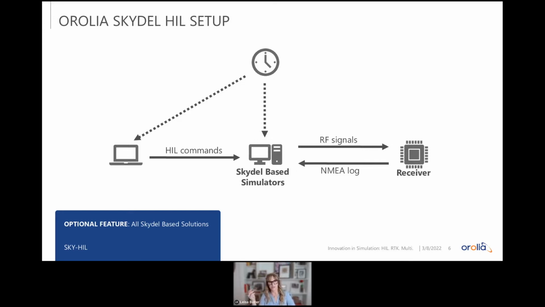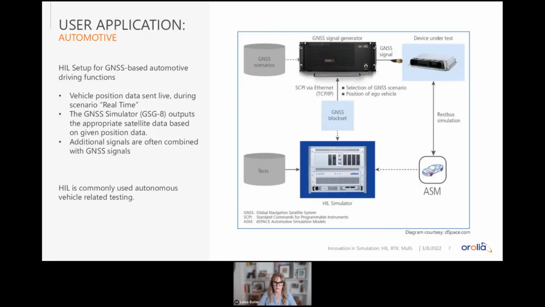And so Skydel can actually measure position accuracy, position error, that sort of thing. And then we'll talk about this a little bit more in another slide, but time synchronization of the two systems together is very critical in hardware in the loop.